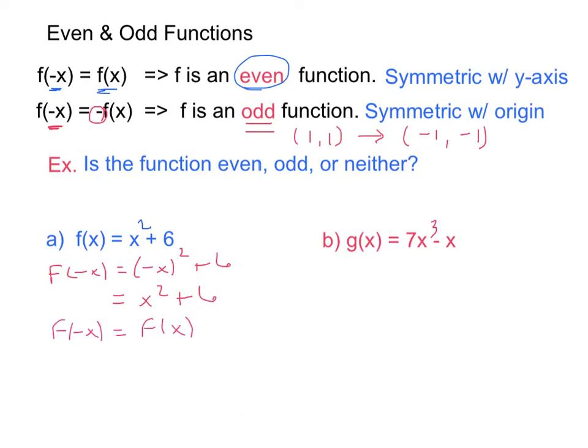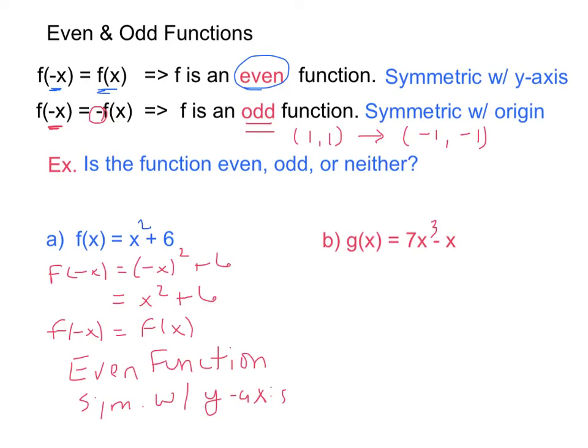So I have f of negative x equals f of x, and if those things are equal, that tells me that this is an even function, and I will have symmetry with the y-axis. It'll be like the graph is a mirror image in the y-axis.